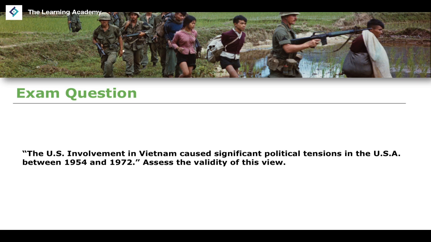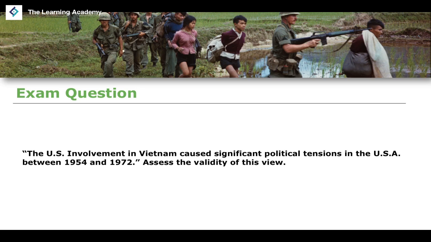There was the 1955 Montgomery bus boycott. We obviously have the Supreme Court ruling that segregation was unconstitutional in 1956. We have the Freedom Rides organised in the 1960s. We have the 1965 March from Selma. All of these different things caused significant political tensions as well. And ultimately, they're all interlinked because we have these other factors as well.